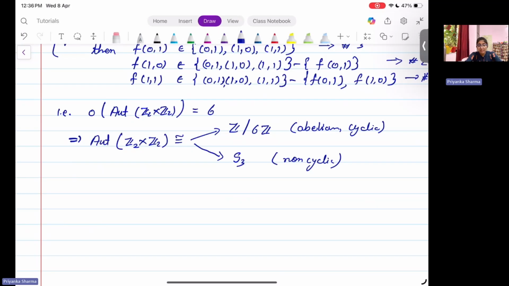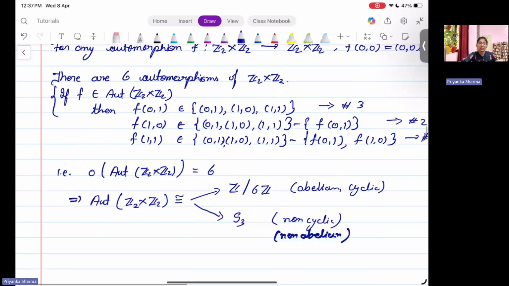Up to isomorphism, it has these two possibilities. So as per the options this is true, but we need to check why the automorphism group of Z2 cross Z2 can't be Z mod 6Z. See, Z mod 6Z is abelian, but S3 is non-abelian. So it will be sufficient to check whether Aut Z2 cross Z2 is abelian or not. Then we can certainly say whether this is Z mod 6Z or S3.